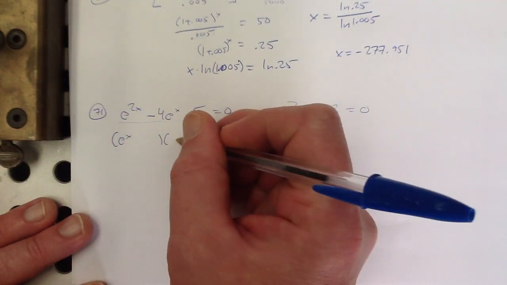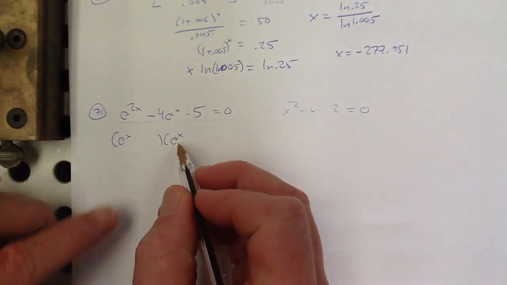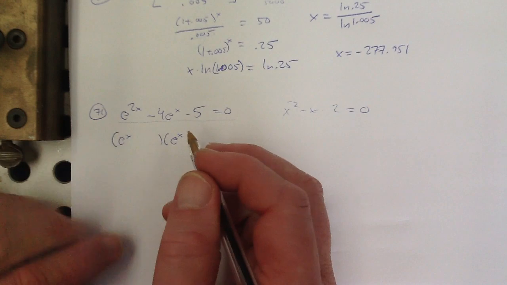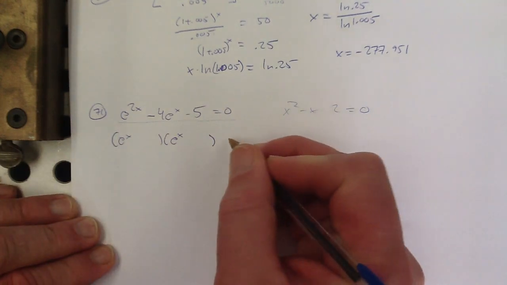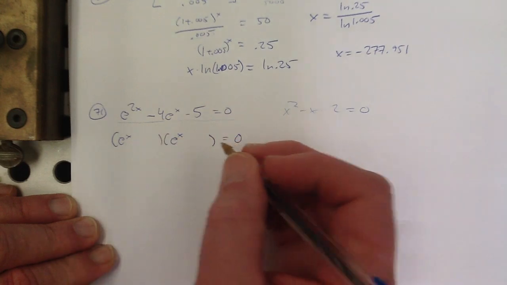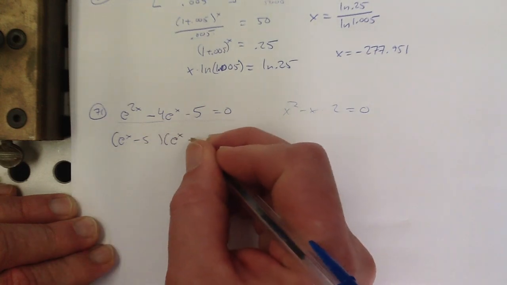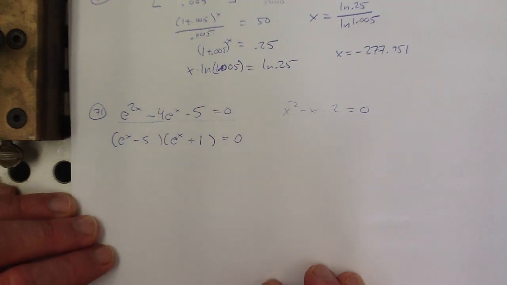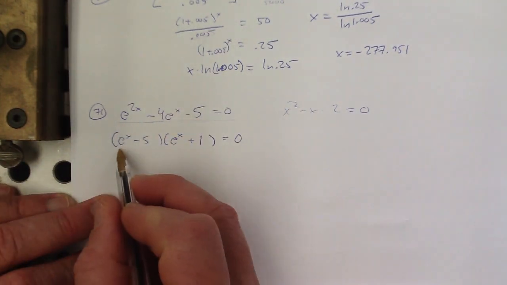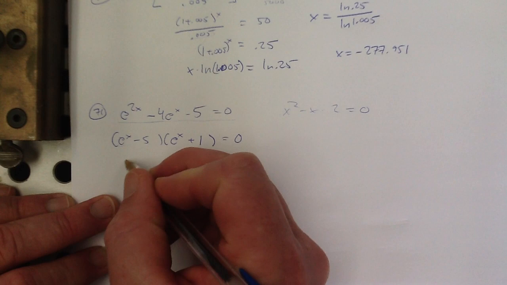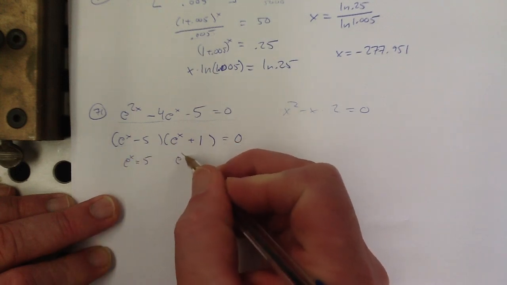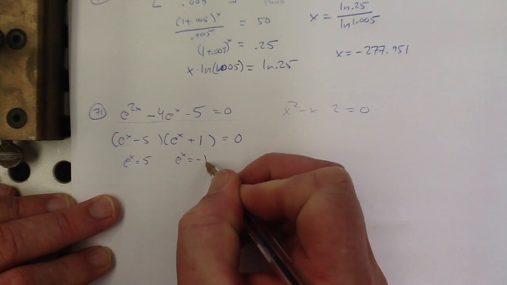Instead of x's at the front, it's e to the x's at the front, because e to the x times e to the x, you add the exponents, it's e to the 2x. And then it just factors, same game. To get the minus 4, you'd have to have a minus 5 and a plus 1, right? Which means that either e to the x would have to be equal to 5, or e to the x would have to be equal to negative 1.